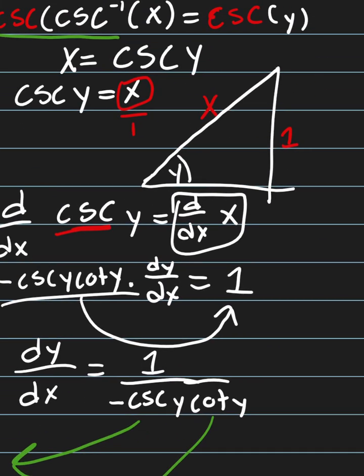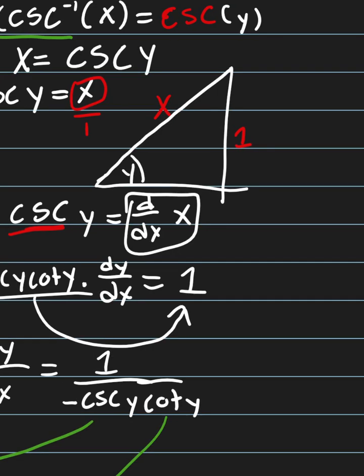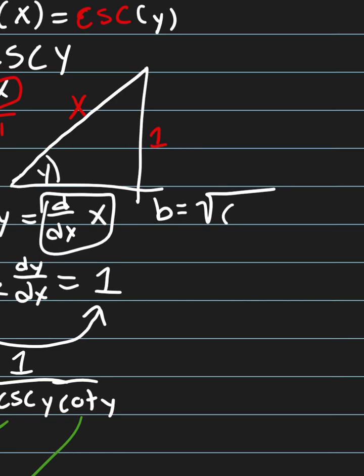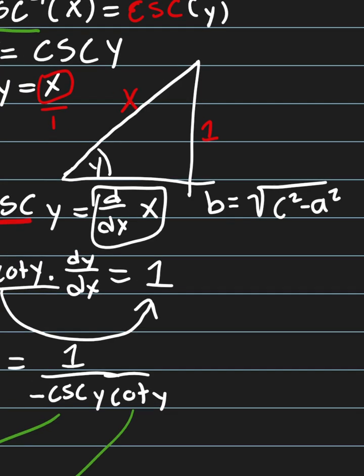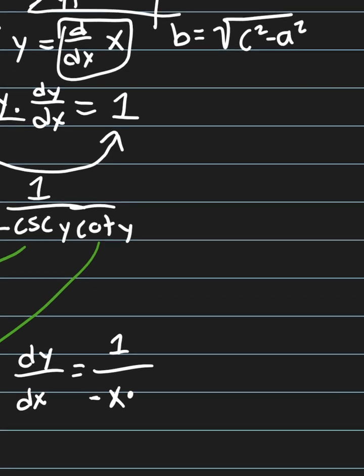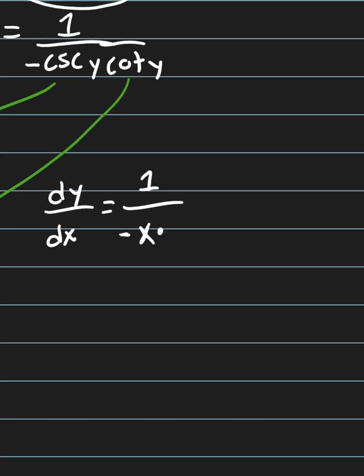What is adjacent here? Well, according to the Pythagorean theorem, b is equal to the square root of c squared minus a squared. So we have x times the square root of x squared minus 1.